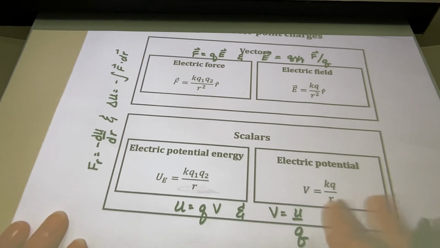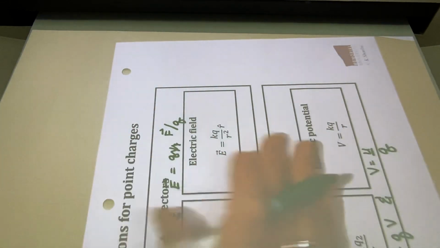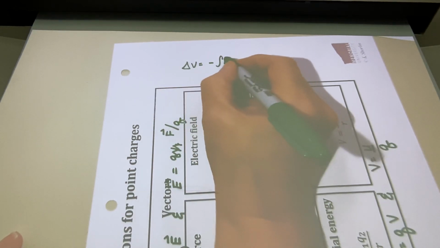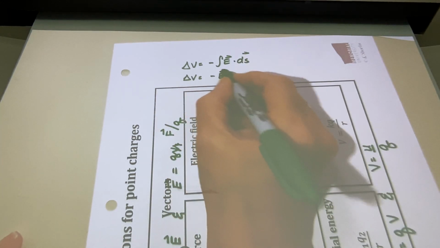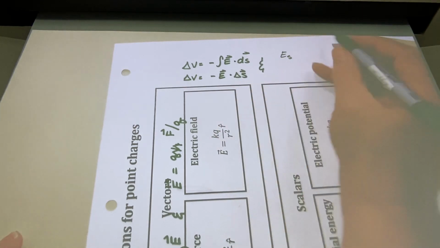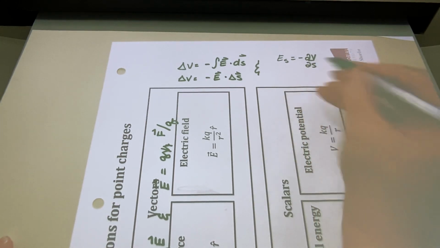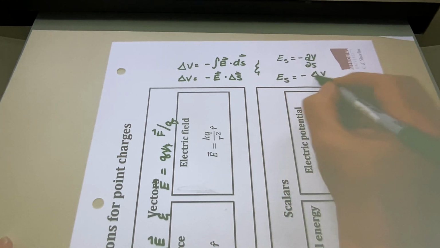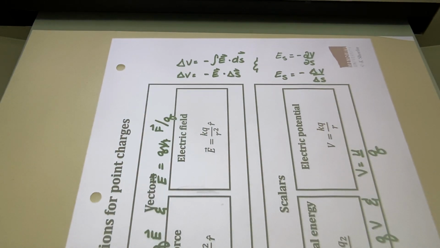And now today we get into this one. I want to write this one sideways. So what we found from here is that delta V is the integral of E dot ds, or in discrete terms, delta V is minus E dot delta S. And our components of electric field are the derivative of potential in that direction, or in terms of discrete points, delta V over delta S. Okay, so there's our relationship between all of our quantities.